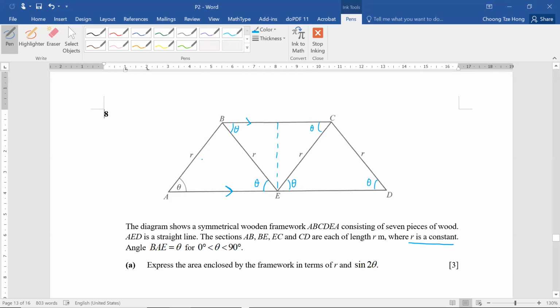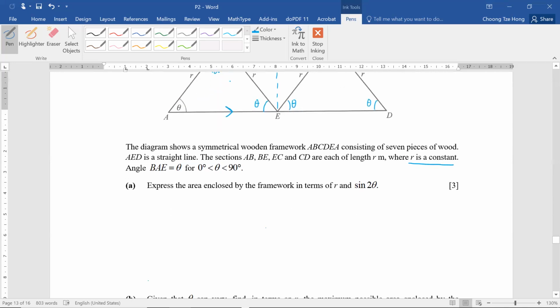We also learned that the area of a triangle is half ab sine C. So we can take the side AB to be a, because we know the length in terms of R is R, then BE to be the side b, because we also know the length to be R. This means that we need to know the angle between the two sides, and we can find this easily in terms of theta: 180 minus theta minus theta, so 180 minus 2 theta.